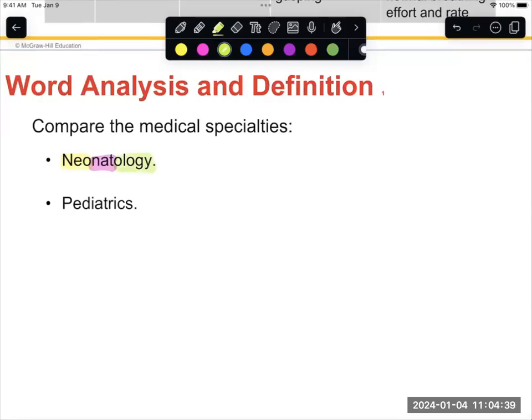Pediatrics is that medical specialty of treating children during development from birth through adolescence. That root ped means child. We also have iater, pediatrics, means medical treatment, and then that suffix ics means knowledge.